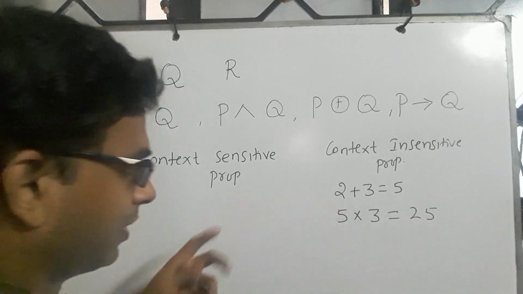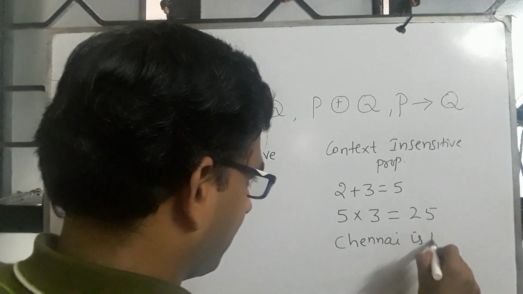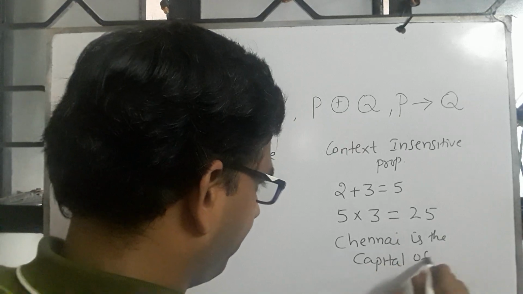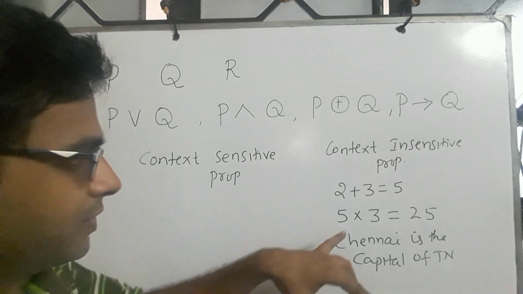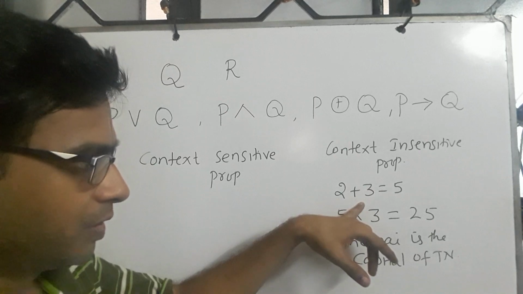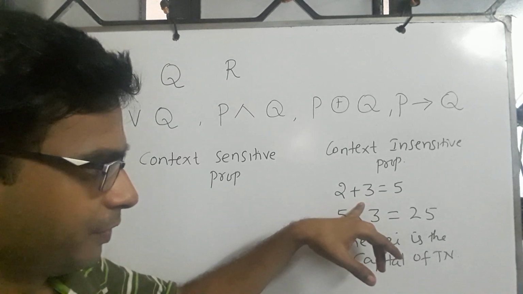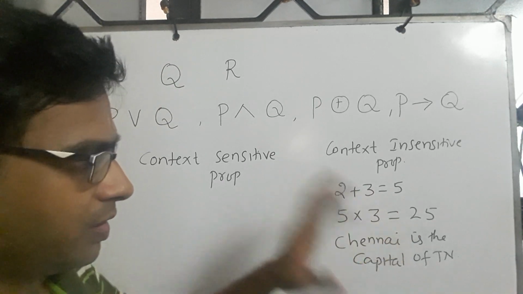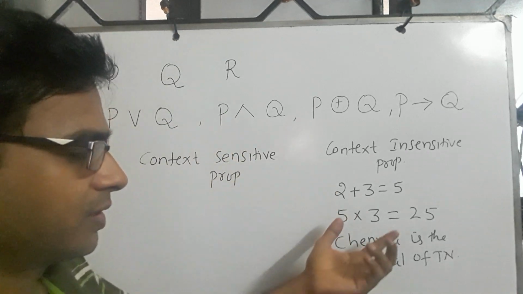And when I say Chennai is the capital of TN, things like this are independent of the time, whether you talk about this today at 10 o'clock or tomorrow, or whether you discuss this topic on a Friday or a Monday or in the month of January, whether you discuss in Tamil Nadu or in Andhra Pradesh.